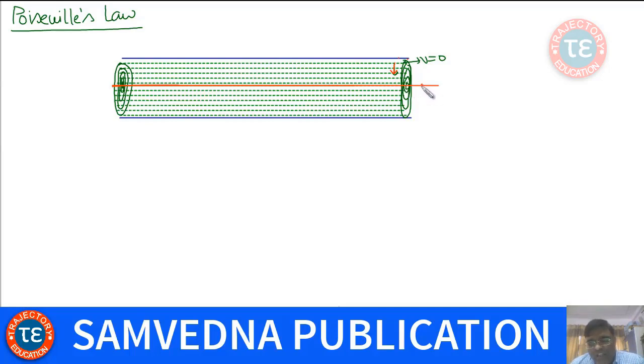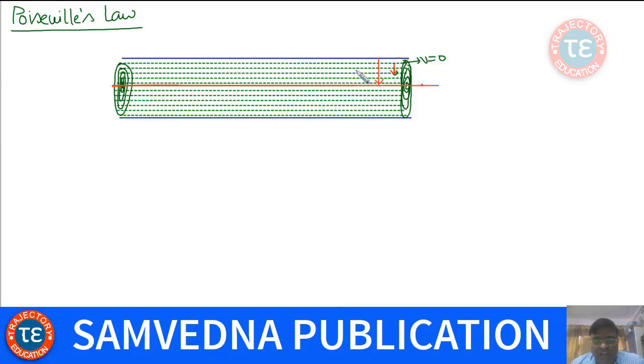The velocity of the layer near the axis will be highest, and the velocity of the layer sticking to the surface of the tube will be 0. So velocity keeps on increasing as you move towards the axis from the surface.